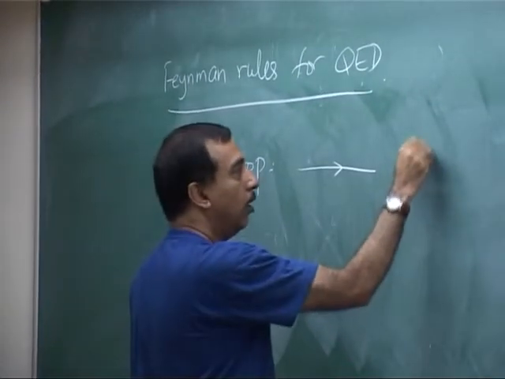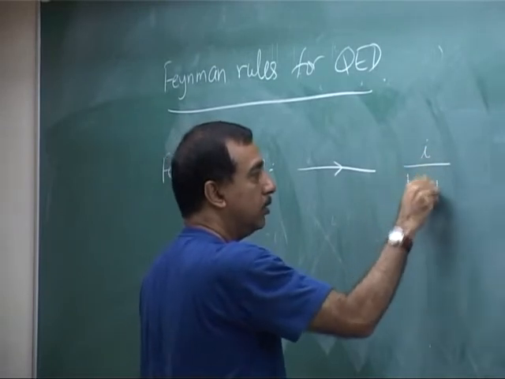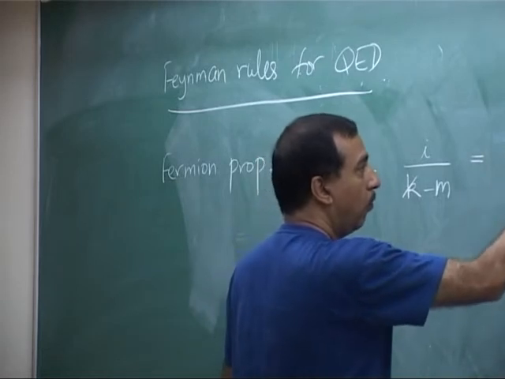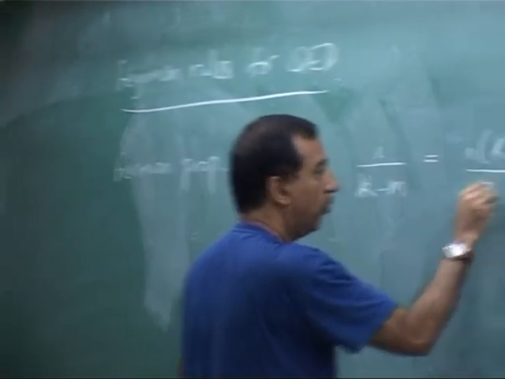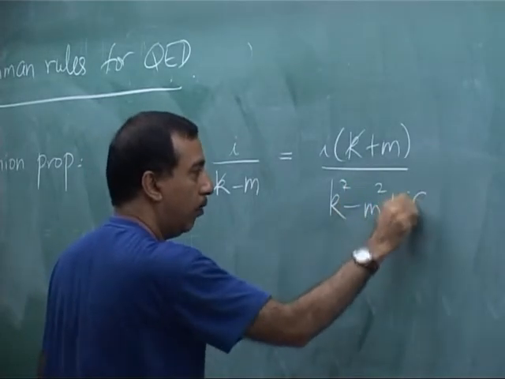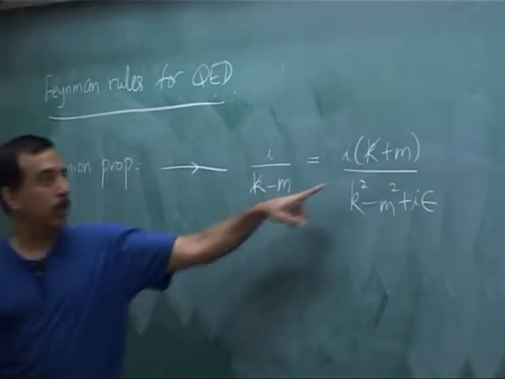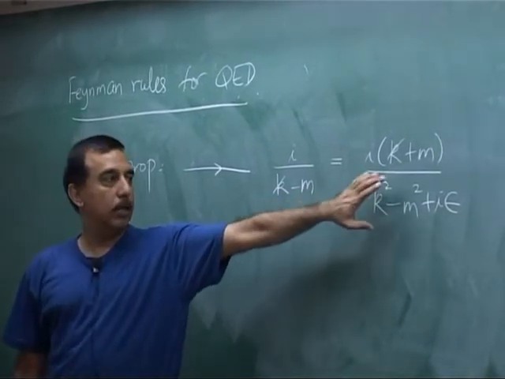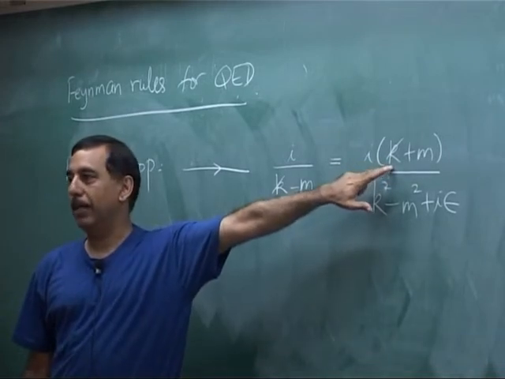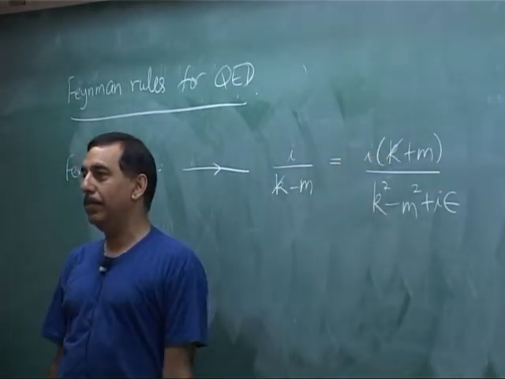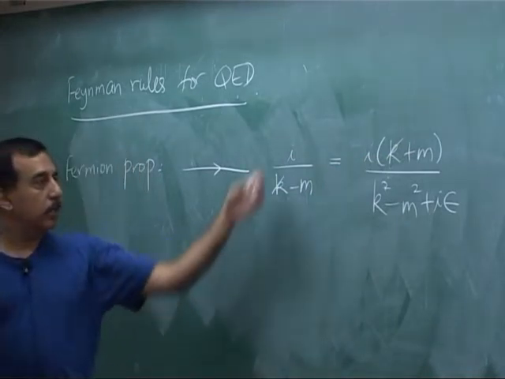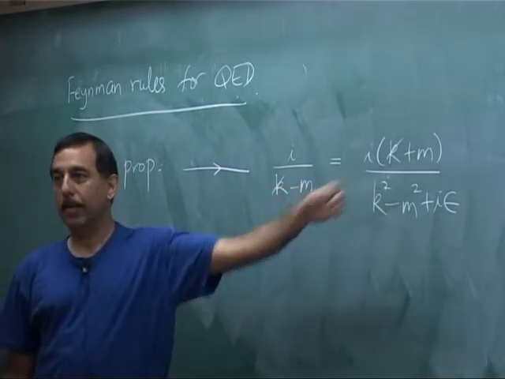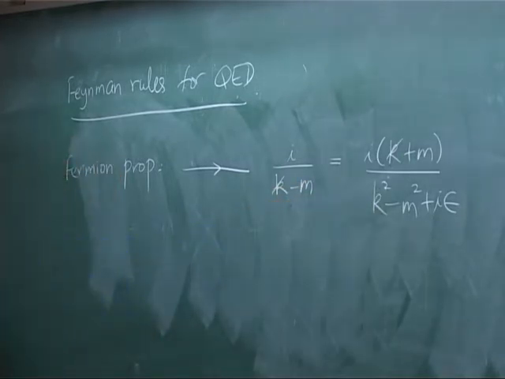It is i upon k slash minus m, which is shorthand, so we keep talking about this side, but we always mean this expression. This expression is quite unambiguous because the denominator is a number and the numerator is a matrix, gamma mu k mu plus m times identity. It is 1 over a matrix, which is a little more confusing, but it just means that. So this is the fermion propagator.